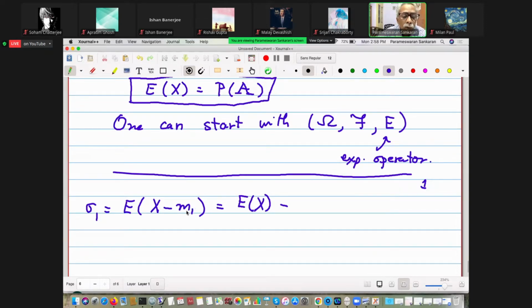So m1 is a constant random variable, which is just m1 times 1 omega. So by linearity, this becomes m1 times expectation of 1 omega, if you like. This is the only time I'll write omega; after this, I'll just simply write m1. So this is E of X minus m1. But m1 by definition is E of X. So this equals 0.